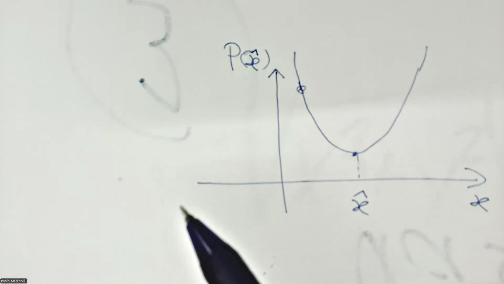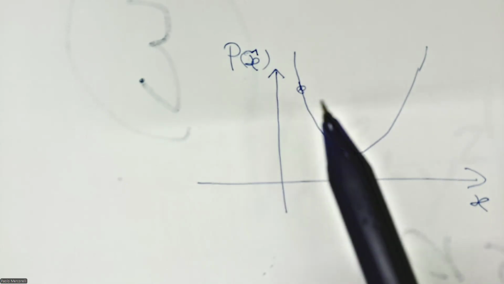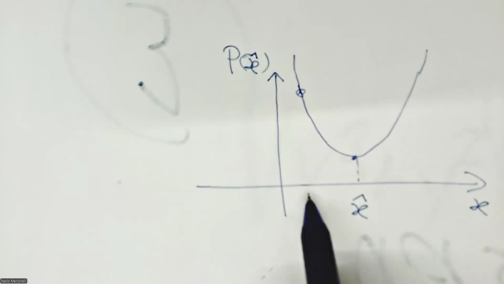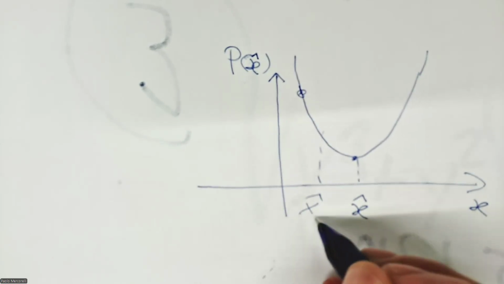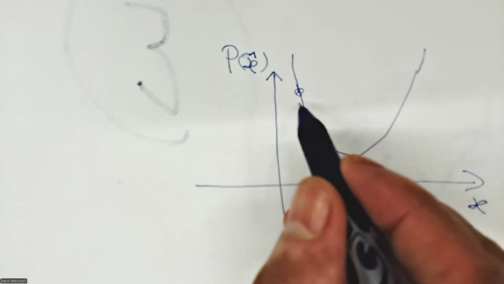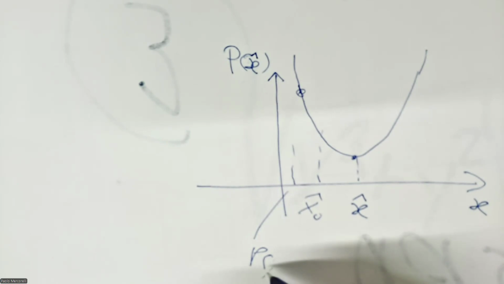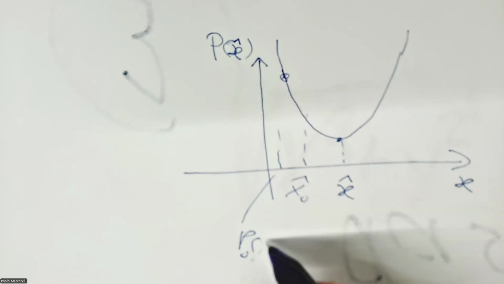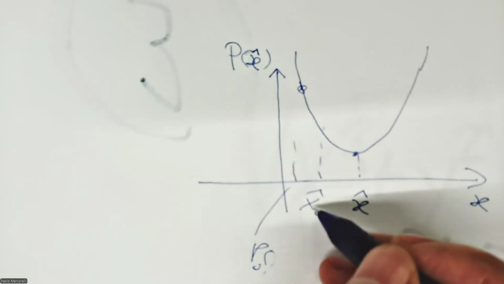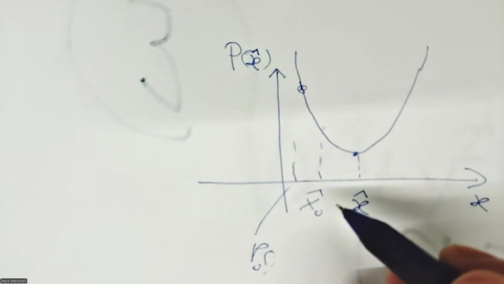But in general, of course, I can start the algorithm with x_0, and I can put here P_0, which does not correspond to x hat 0, because God knows where I am at the beginning.